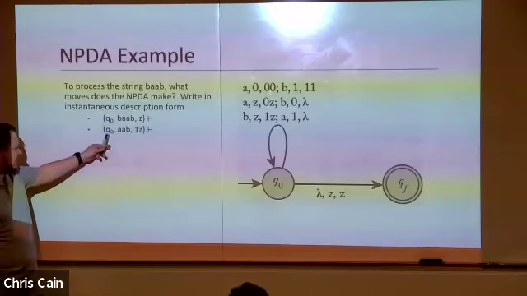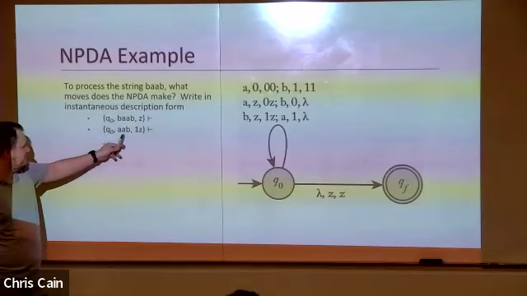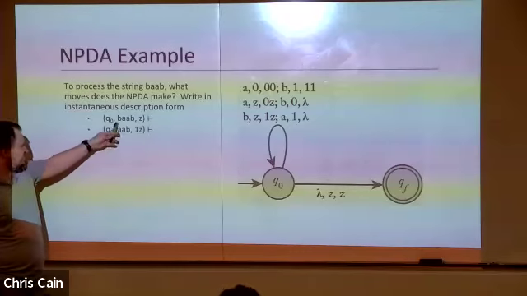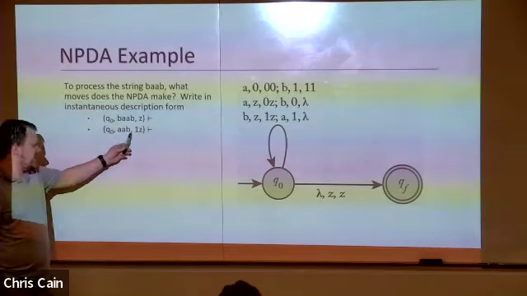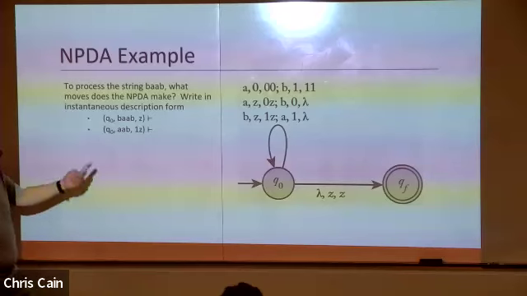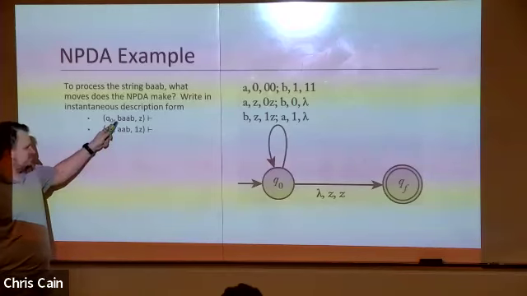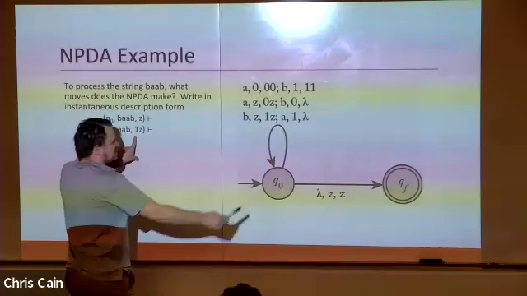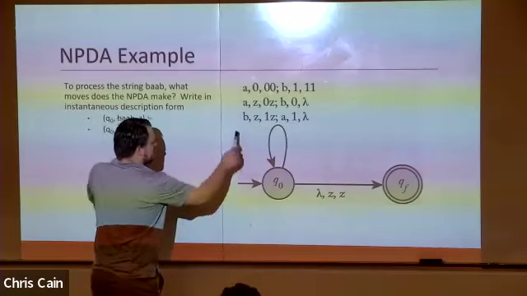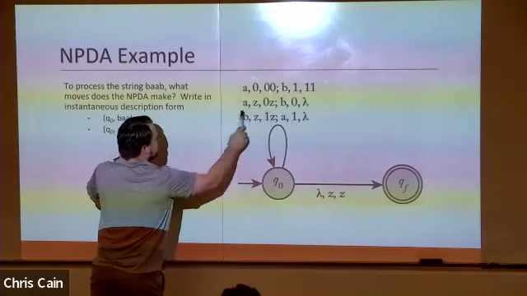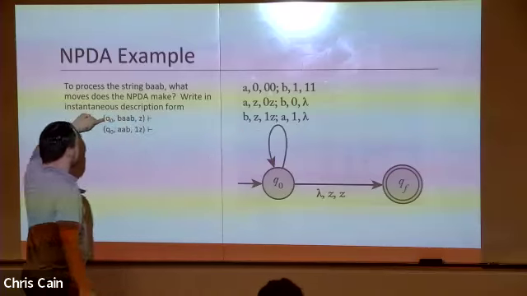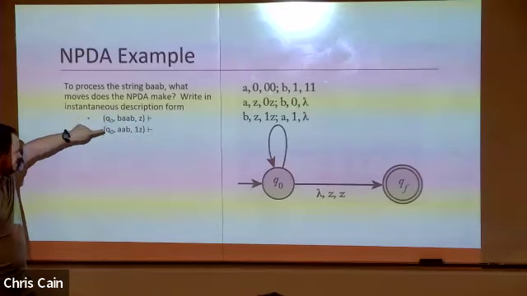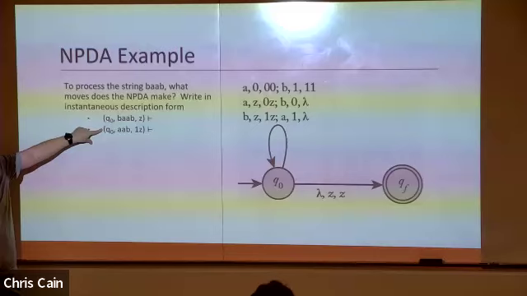All we care about is that we're in state Q0, and the remaining portion of the string after we read the first B is AAB. What happens when you read that B? We add a 1 to the stack. That's this rule right here. So we apply this rule to this instantaneous description, and we get this instantaneous description.